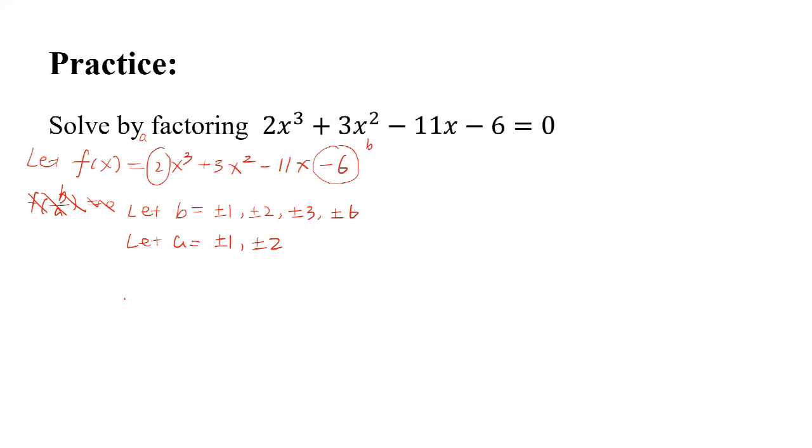Okay, so possible values of b over a are plus or minus 1, 2, 3, 6, right? And then 1/2, 3/2.